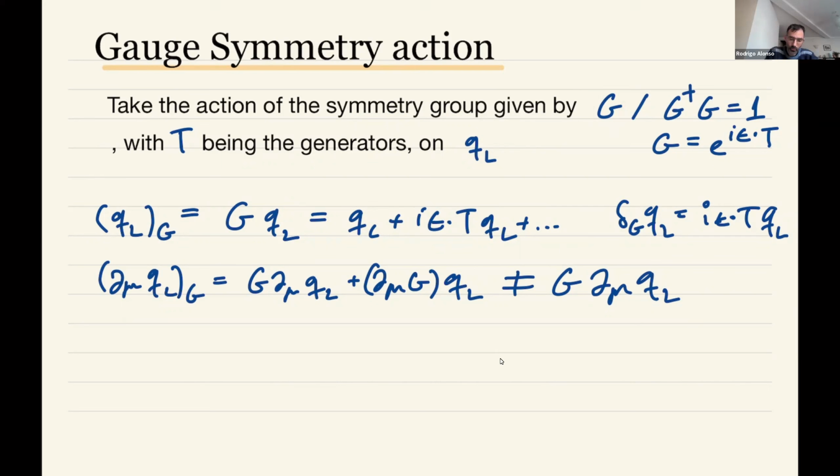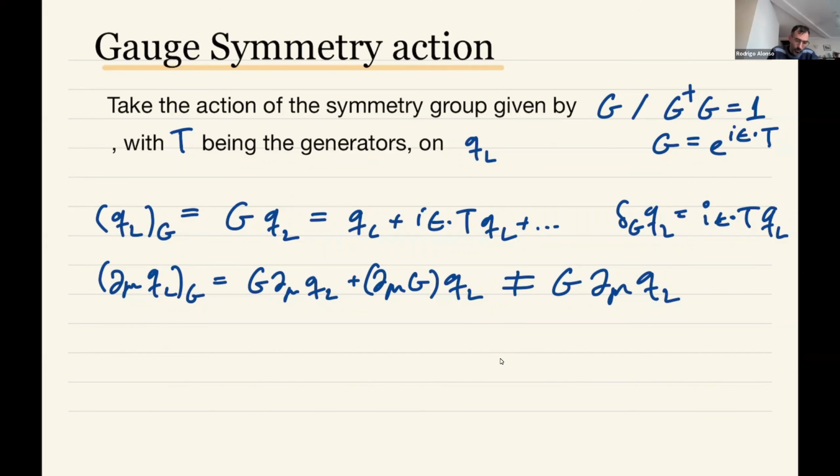In our conventions, this is a unitary matrix in whatever representation, so g dagger g equals 1, and we can use an exponential parametrization in which this is given by some parameters epsilon times T, which are the generators of the symmetry. If we're talking about, say, the isospin SU(2) left, these will be the Pauli matrices.